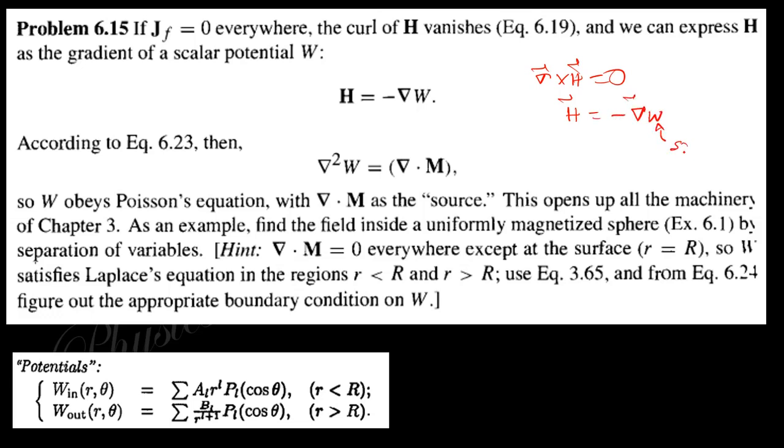This is a property of any vector. So H equals minus grad W, and you can see grad squared W equals minus div M, which is the source. This will obey the Poisson equation.